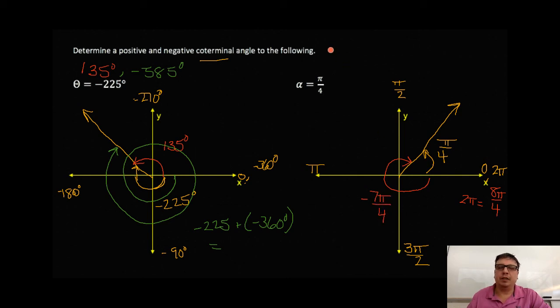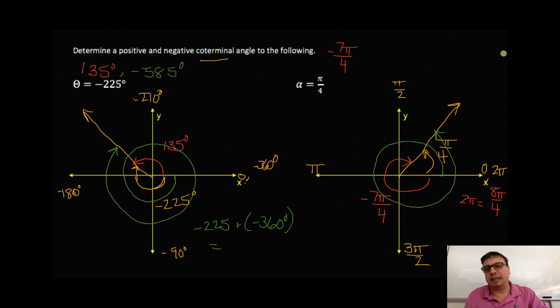So now there's my negative coterminal angle. Now I have to figure out a positive coterminal angle. So for positive coterminal, I'm going to have to go all the way around once and come back to where I started. Now I say once, but I could have done it a bunch of times.